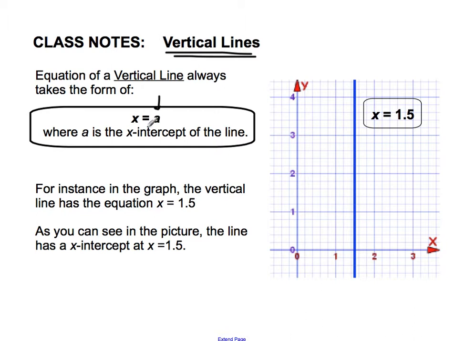The a in this case will be your x-intercept. So notice in the example that my x-intercept is (1.5, 0). Whoops, that's a point. Since all vertical lines cross the x-axis, you're going to get x = 1.5. That's just an easy way to remember it.